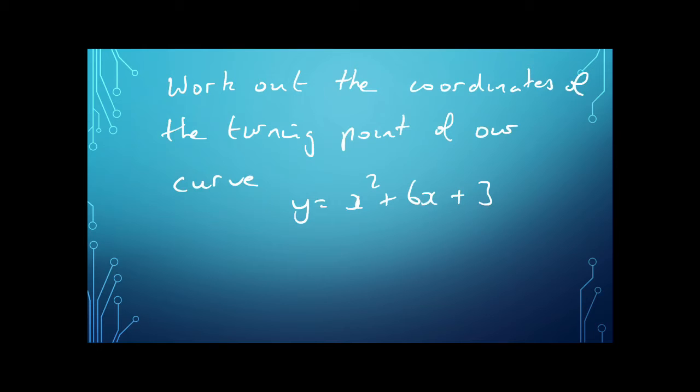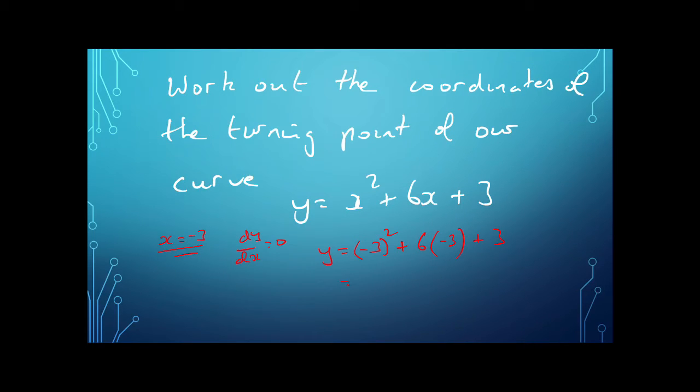So we've just worked out that when x is negative 3, we have a turning point, i.e. dy dx is equal to 0. So we want to find the corresponding y value. So we're going to put that into our original curve, because that's the curve that relates x and y. So if we put a particular x value in, we will get a y value out.